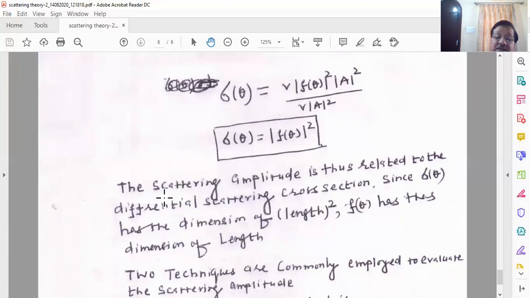So one can say that the scattering amplitude is thus related to the differential scattering cross section.